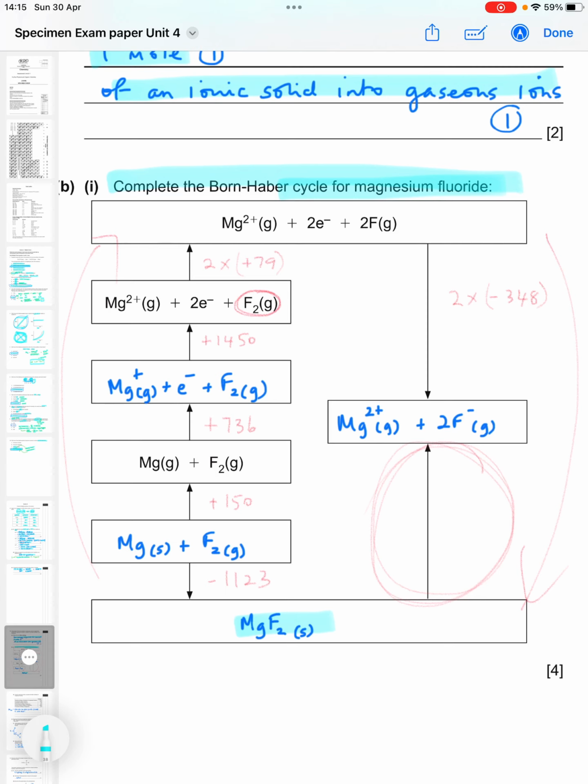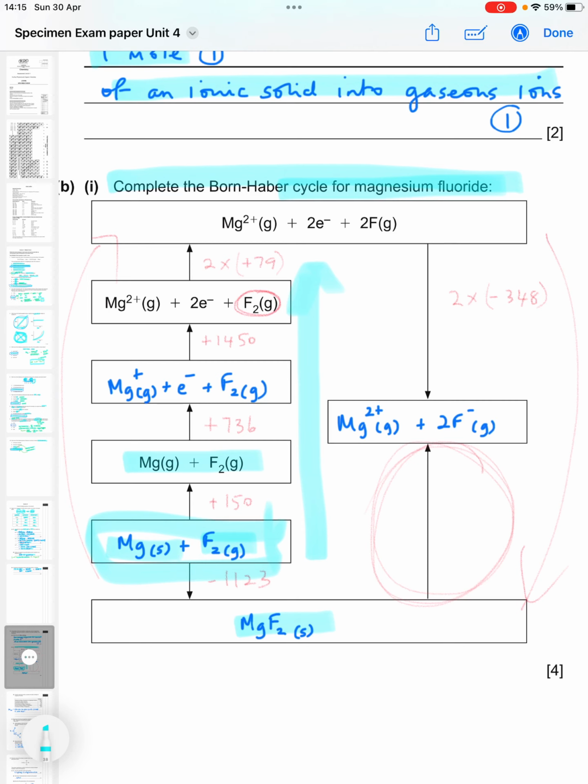So we're going to just write in MgF2 as a solid, and then we're going to plug in everything else around it. So you see here, we've already got the magnesium as a gas and the fluorine as a gas. So what has to happen then is in this one here, we need to have the magnesium solid and the fluorine as a gas. So they're in their standard states.